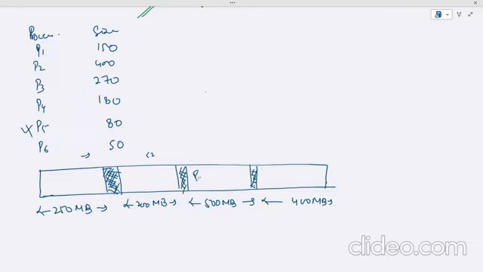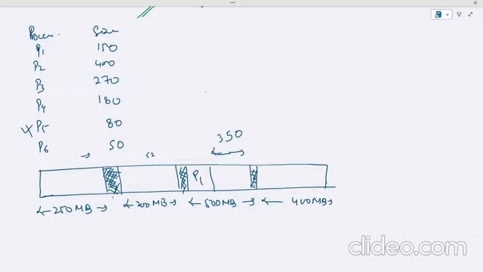So we put P1 over here. 150 needed, we put it in a 500 block, so a lot of space is left here, which is 350 MB.